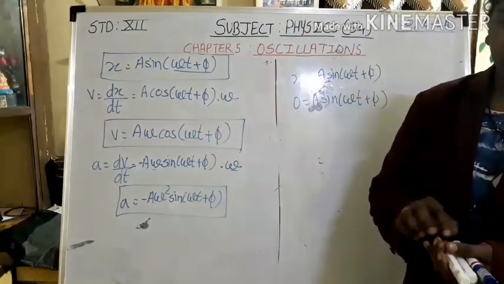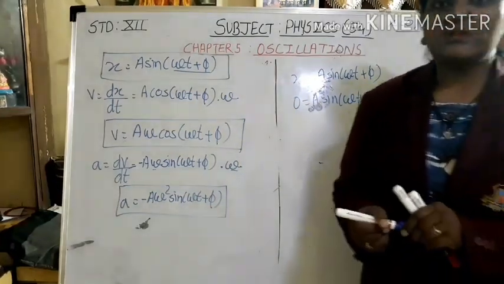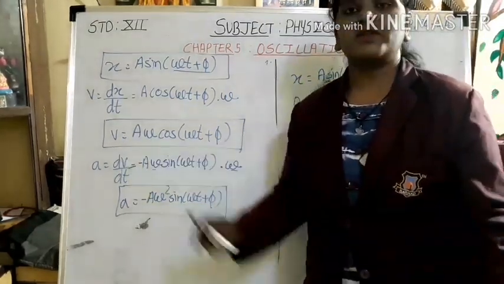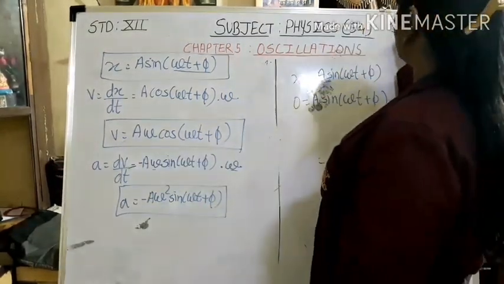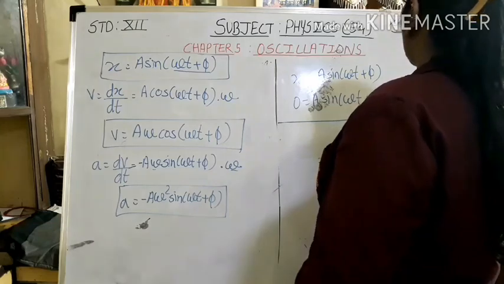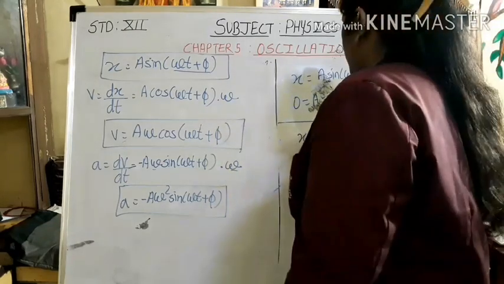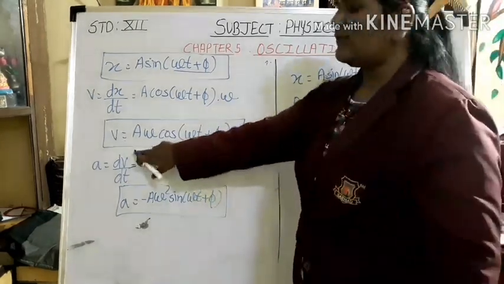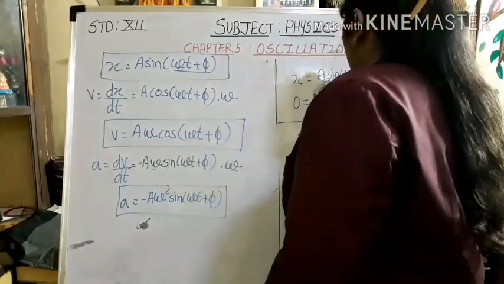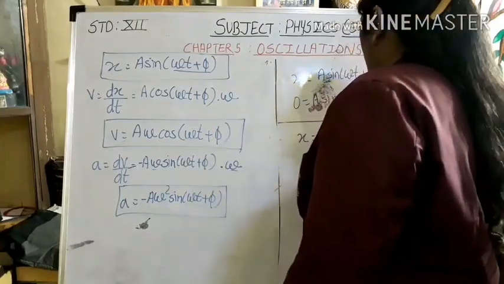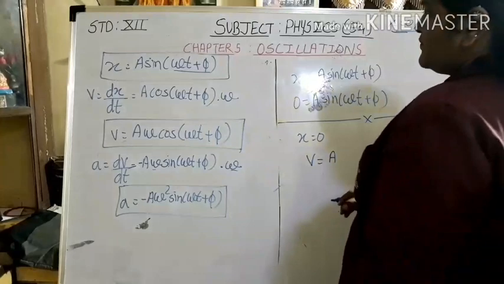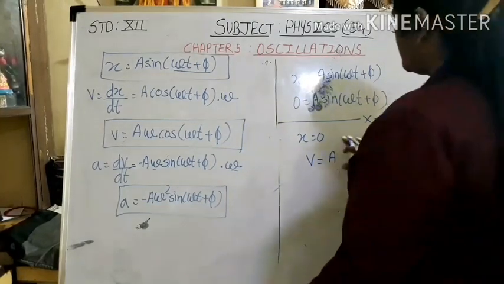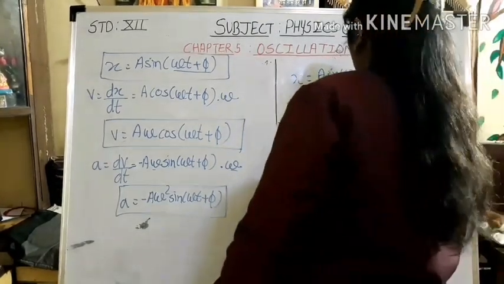Now we are moving forward to find out minimum and maximum values for velocity. Again, I am going to put this value. If x is equal to 0, I will put the value over here. I can use this equation.